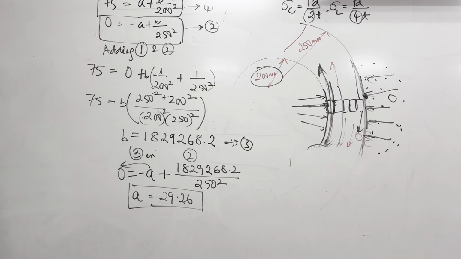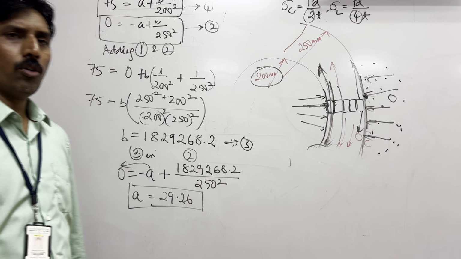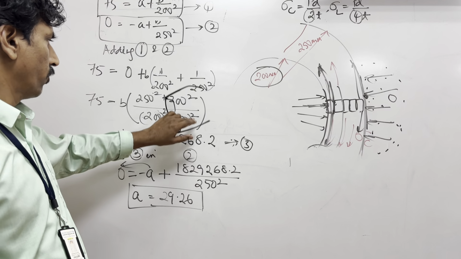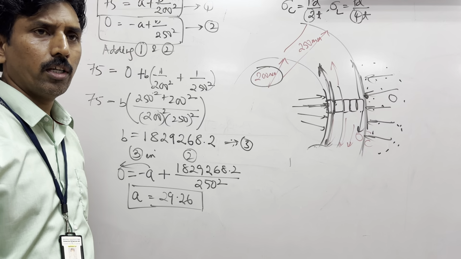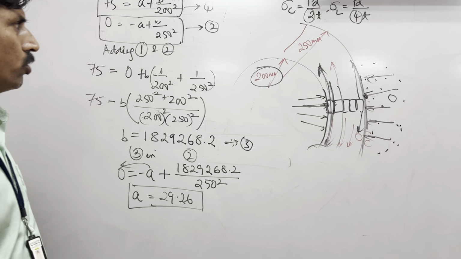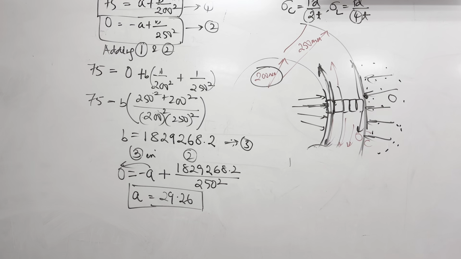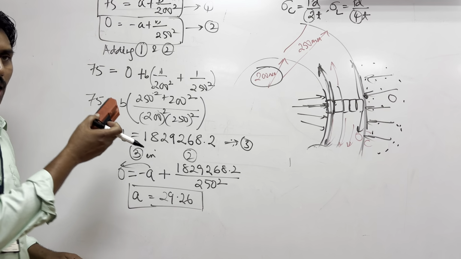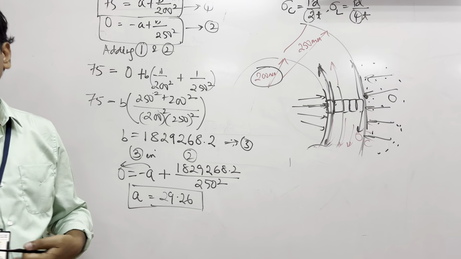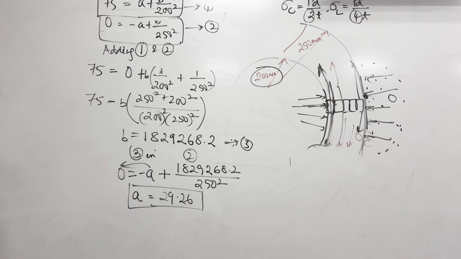So you get this one more number here, 29.26. You have done almost around 60% of the problem, because finding out A and B is actually the main part of the problem here. The rest is to use these values of A and B in solving for the unknowns.